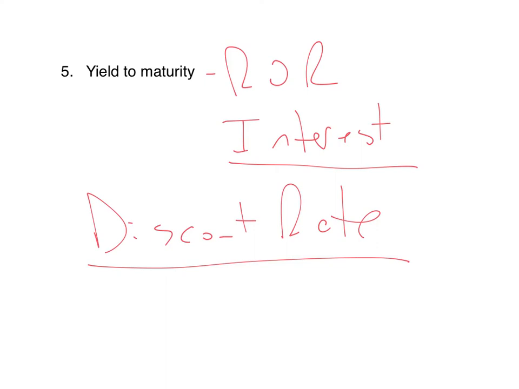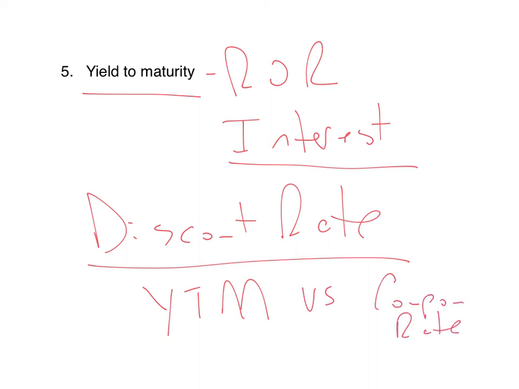It is easy to distinguish yield to maturity compared to the coupon rate. The way that we can distinguish those two is to remember that the coupon rate is constant. It is fixed, at least for most corporate bonds. The coupon rate doesn't change.